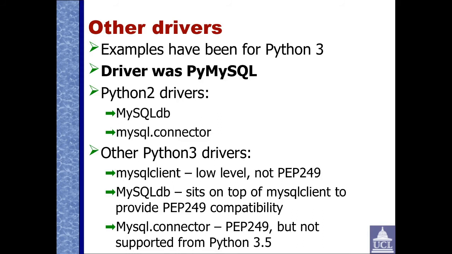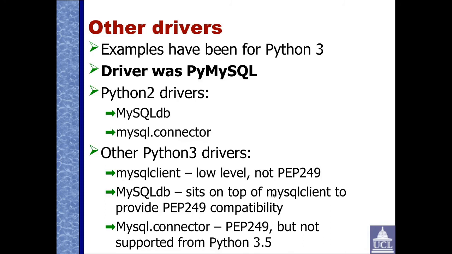Now I mentioned earlier that there are other drivers around. Of course these examples have been for Python 3 and the driver was PyMySQL. There are a couple of Python 2 drivers. There's one called MySQLDB and one called MySQL.connector. MySQL.connector has been a particularly popular choice for Python 2. For Python 3 there's MySQL client, which is quite low level and not fully PEP249 compliant at all.